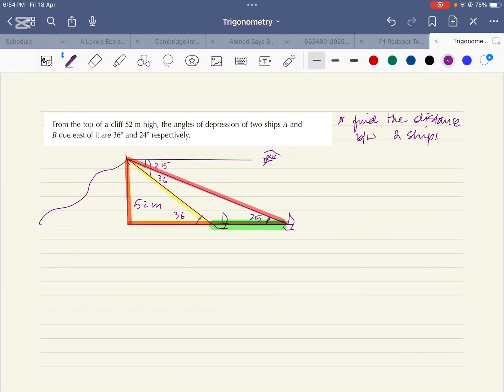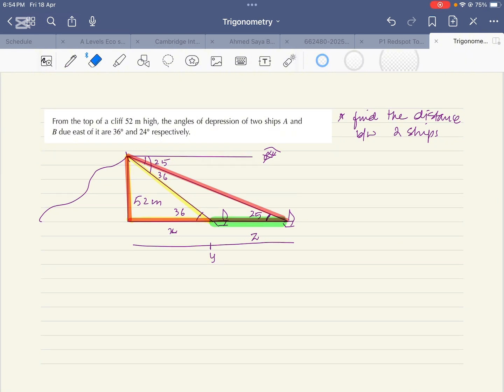Now let's find out. First I am going to find out X, then I am going to find out Y, and then I am going to find out Z. This portion of Y is equals to X and other portion of Y is equals to Z, and we are looking to find out Z. Okay, so either I can write it together, means first I write tan 25 is equals to 52 upon Y, or Y is equals to 52 upon tan 25, and then I directly subtract.